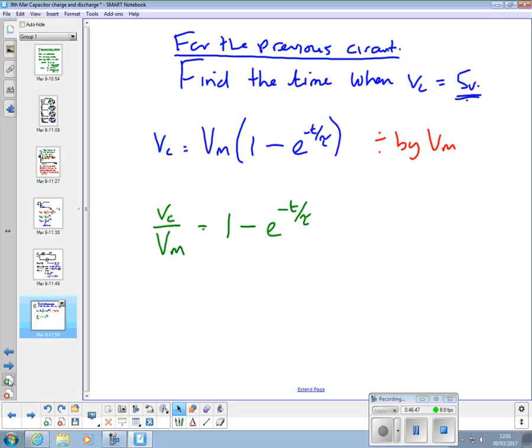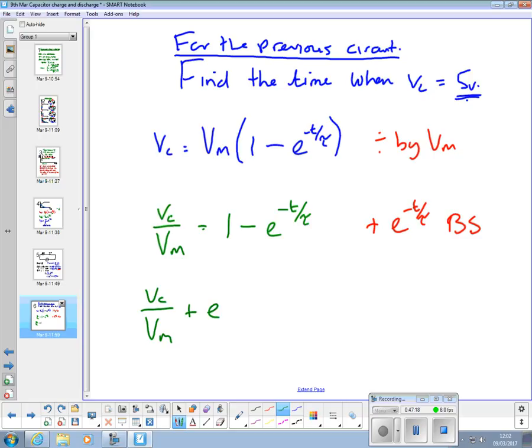So an alternative is to add e to the minus t over CR, or over tau, to both sides. So we end up with little Vc over Vm plus e to the minus t over tau is equal to 1. Next operation.